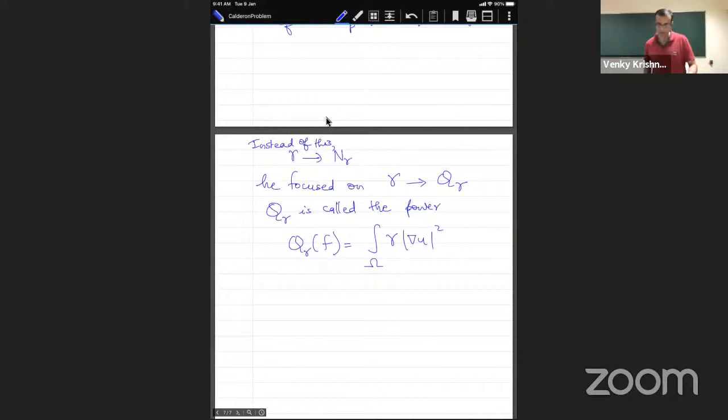Actually, these two, n gamma and q gamma, are equivalent. It just follows from integration by parts, or the divergence theorem, right? So instead of studying n gamma, you study q gamma. Because this is given as an integral over omega, whereas n gamma is the one that goes from f to gamma du d mu.